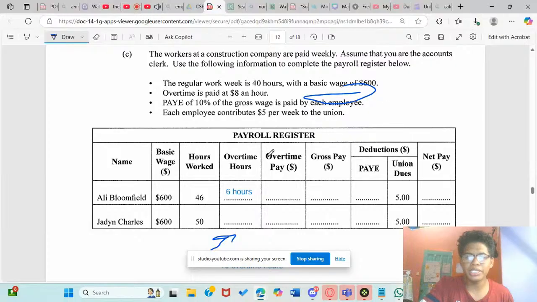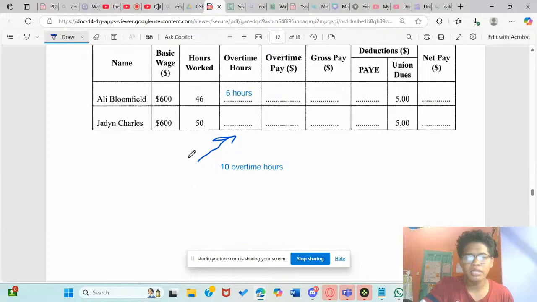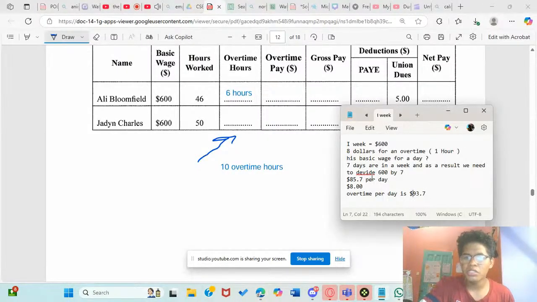So we have to actually, his overtime pay, that would be 8.66, right? We put this up on the screen. 85.7 per day, right? So the overtime per day is 93.3, with the addition of the $8, right? So let's do this simplistically.